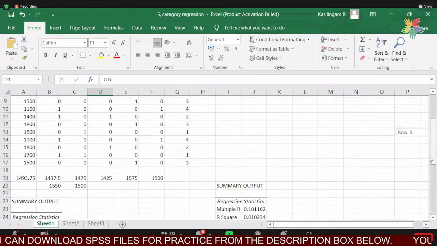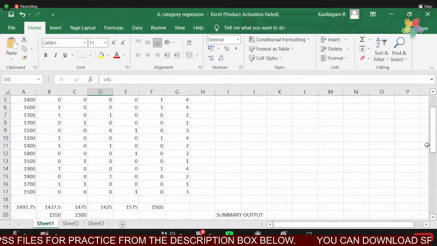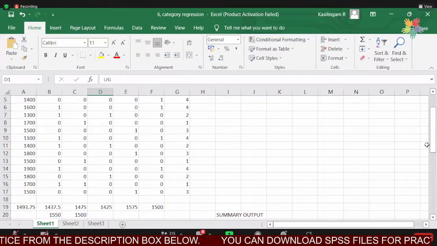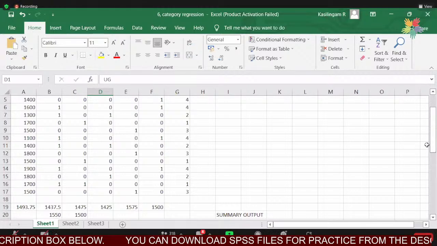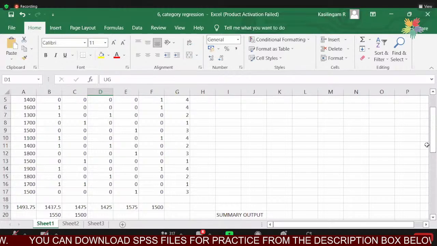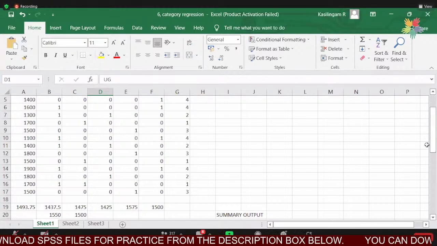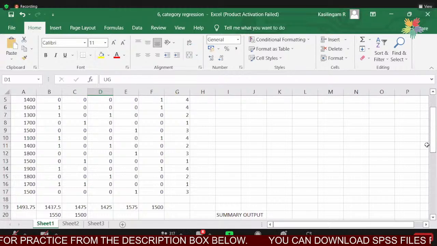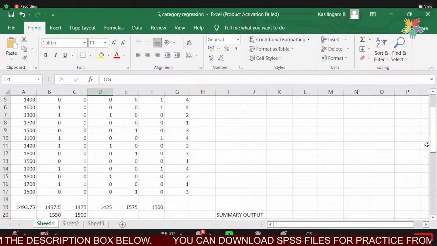Now I will tell the mean values for all. Let me write them down. The average saving of my PhD people is 1,500. Average saving of HSC is 1,475. Average saving of UG is 1,425.